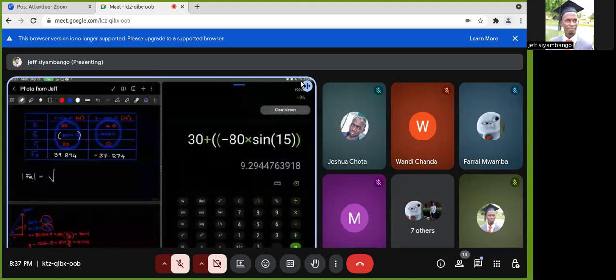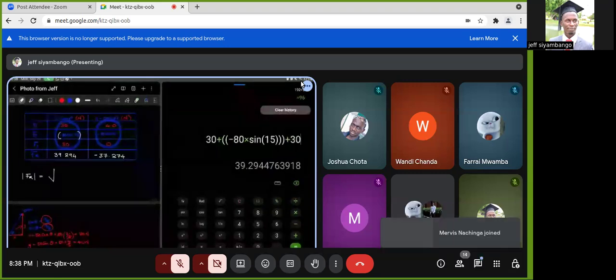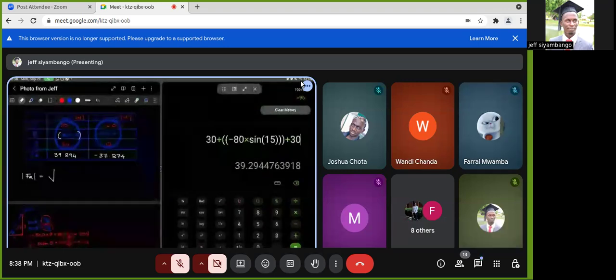Then I'll close my brackets, making sure they are all closed, and then plus 30. No need for brackets there. So that's 39.294, so yes, that value is correct. So assume the other value is also correct.